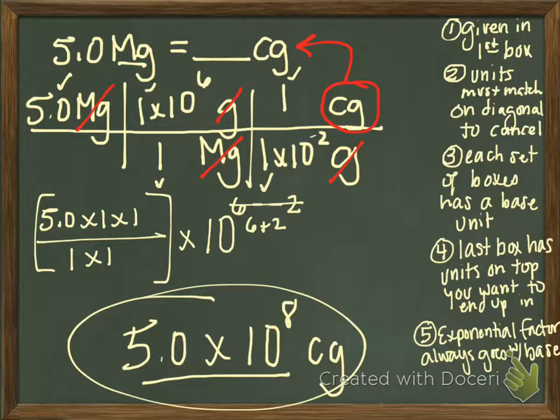If you are going from 3 miles down to inches, the number of inches you have is going to be very, very large, because inches are a much smaller unit than miles. Same thing applies. When you're going from a very large unit to a very small unit, you're going to have a very large answer. Okay, let's do one more example together, and you're off to take your quiz.